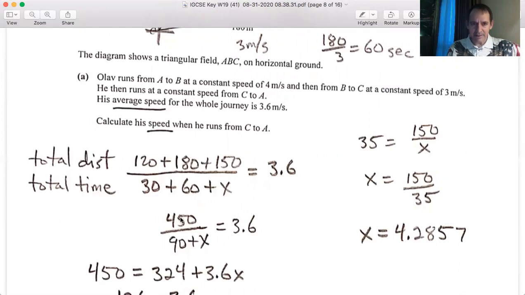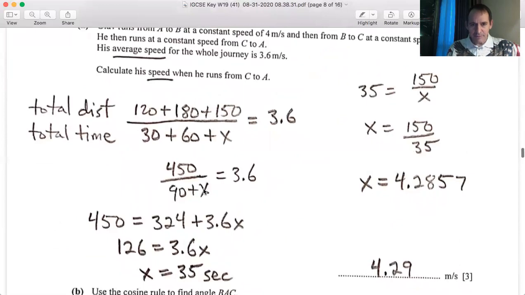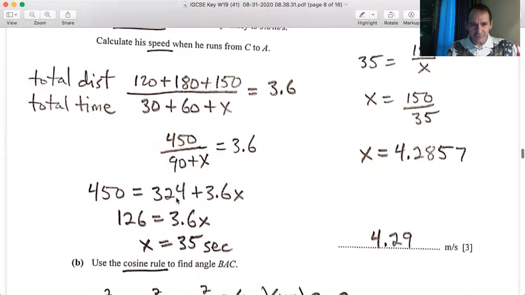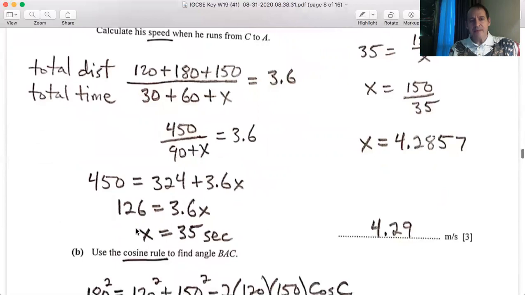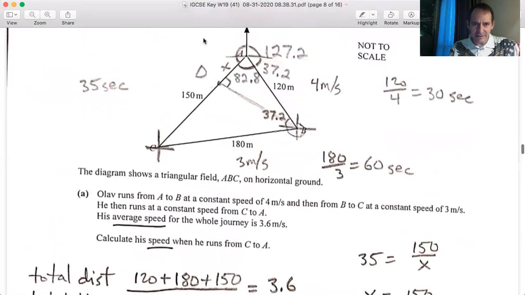So when we add that up, we get 450 over 90 plus X. Multiply the 90 plus X to the other side, and that gives us 450 equals 324 plus 3.6X. Subtract the 324, gives you 126 equals 3.6X. Divide by 3.6, and X is 35 seconds, meaning it takes 35 seconds to run this third section, but the question is asking for the rate.